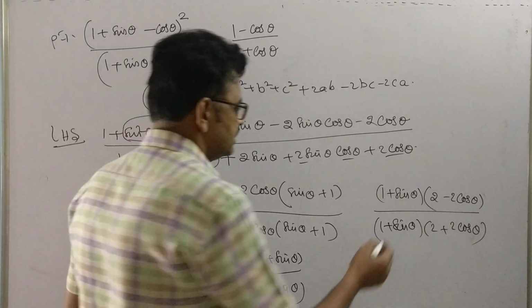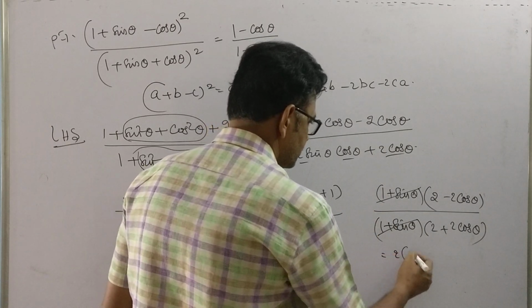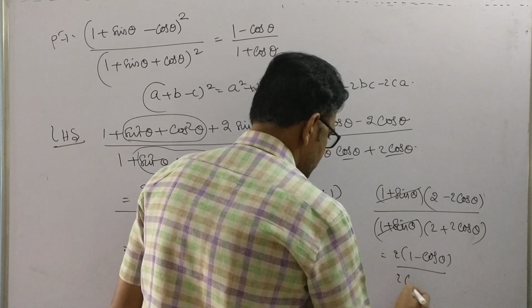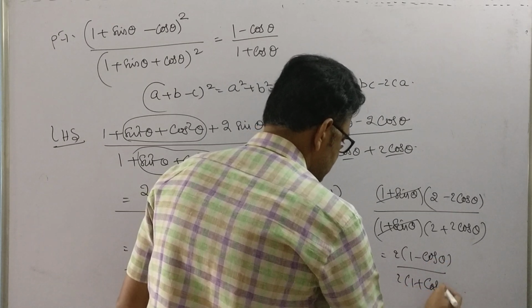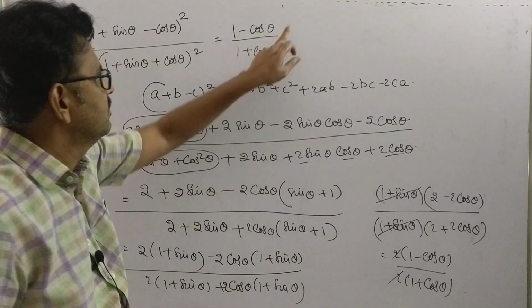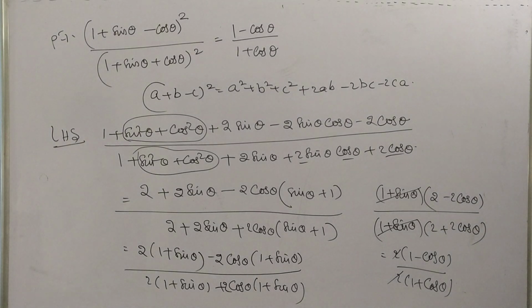So 1 plus sin theta and 1 plus sin theta get cancelled. In the numerator 2 common, 1 minus cos theta. In the denominator 2 common, 1 plus cos theta. So these two get cancelled. That is equal to 1 minus cos theta by 1 plus cos theta, which is the RHS.